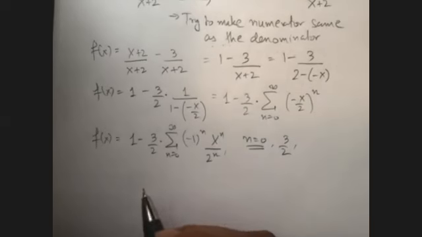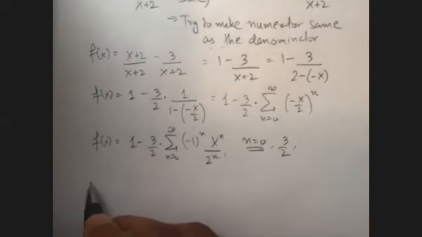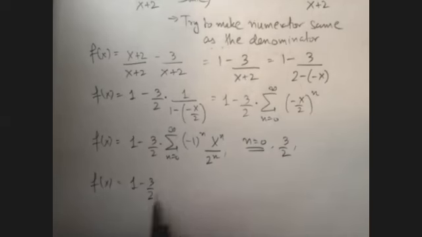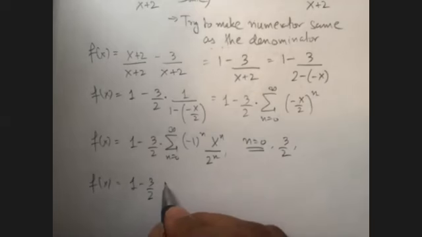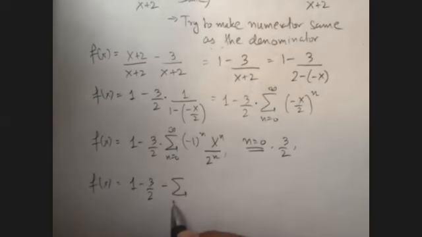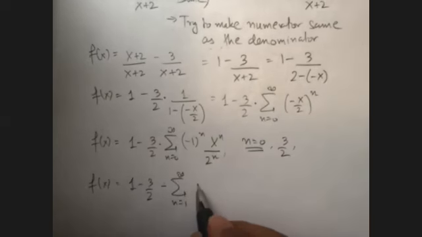We can rewrite 1 minus 3 over 2 minus, now the sum will start from n equals 1.